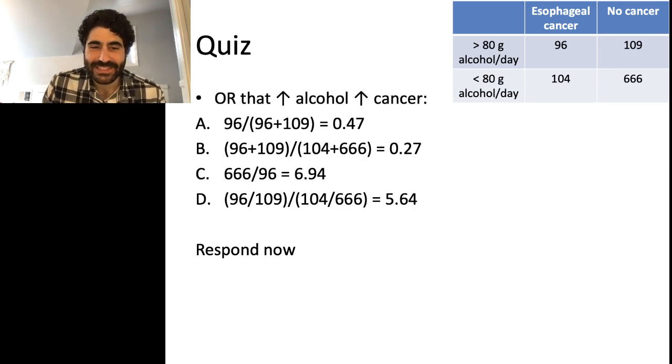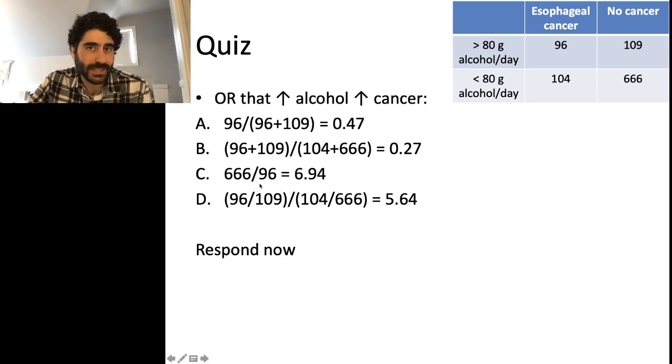All right, I see some D's, which is correct. So within the heavy drinking group, the odds of cancer versus no cancer is 96 to 109. What this says is that of the heavy drinkers, the odds of having cancer are about 1-to-1. It's about equally likely to have cancer versus not have cancer in this group.